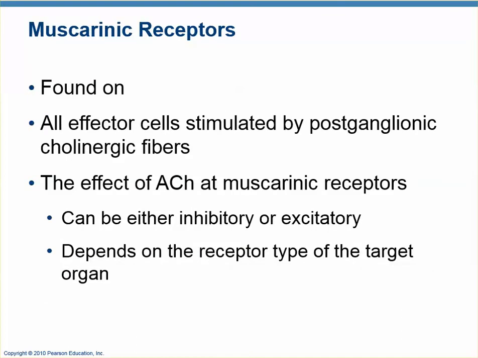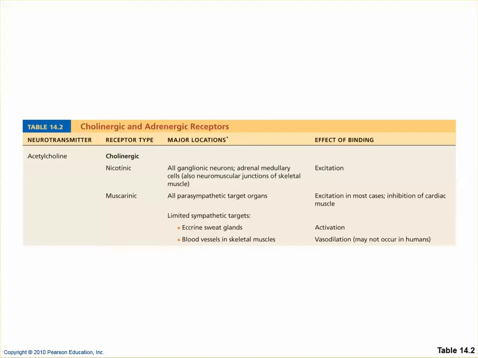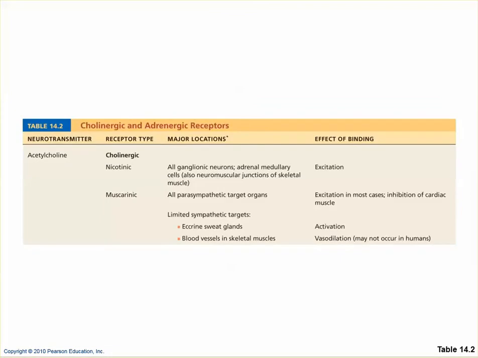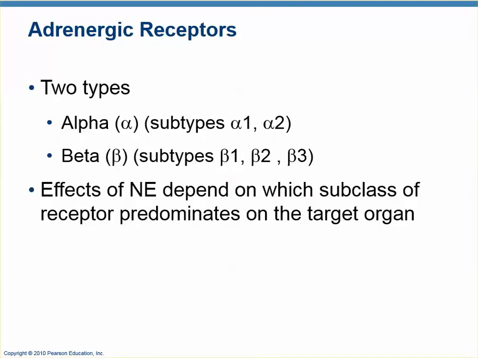The muscarinic are all the effector cells stimulated by the postganglionic fibers, so inhibitory or excitatory. I don't really care about the subtypes of these.